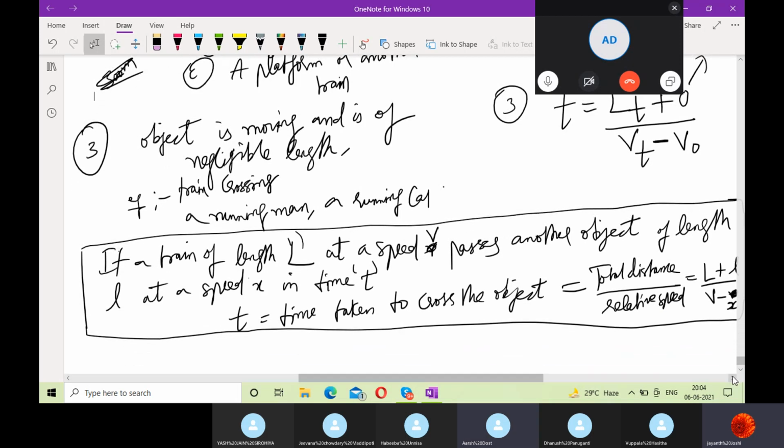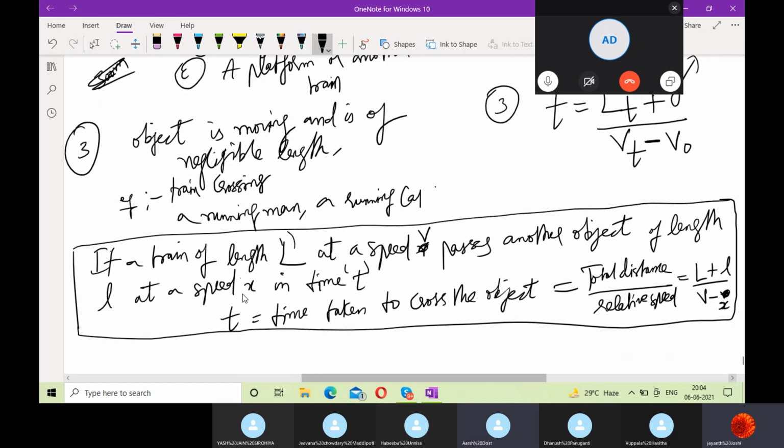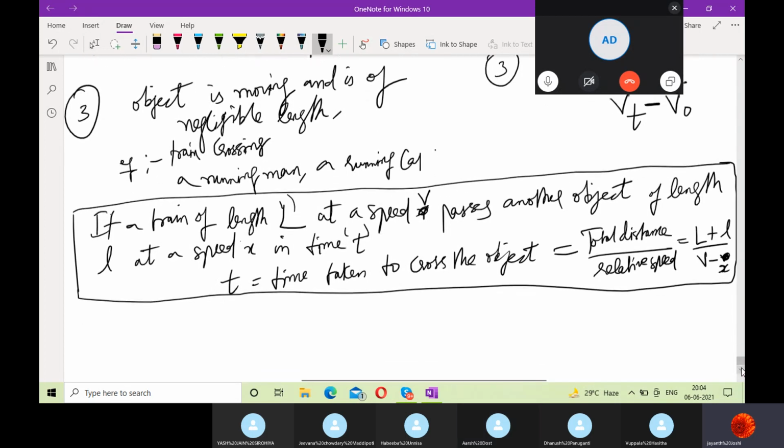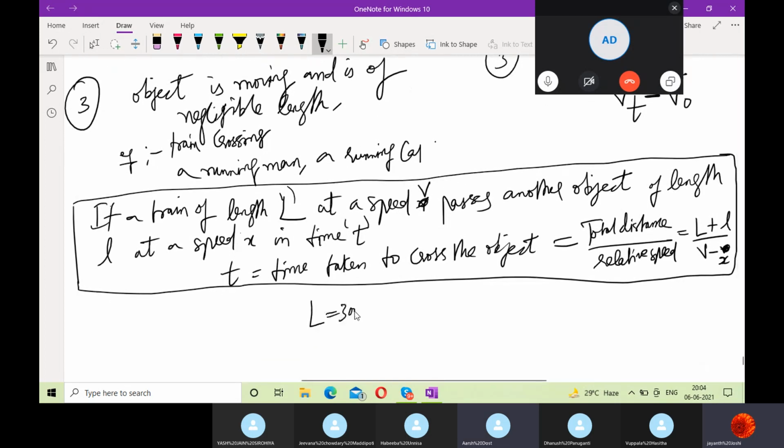Okay, so if a train of length L, so I'm taking the length of the train as 300 meters, and the speed of the train also I'm taking here, v is equal to, let us say, I'm taking it in meter per second. No dispute. Actually, train won't travel in meter per second. It travels in kilometers per hour. Okay. So let's say 30 meters per second. For example, just to prove you.